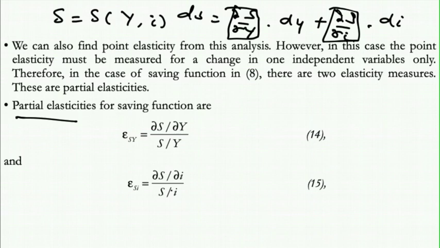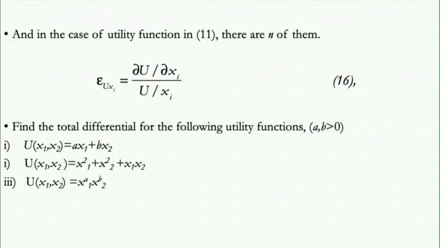There are many applications of total differential. Now, in the case of the utility function in 11, because we have n number of goods, for each item the elasticity is given by this.